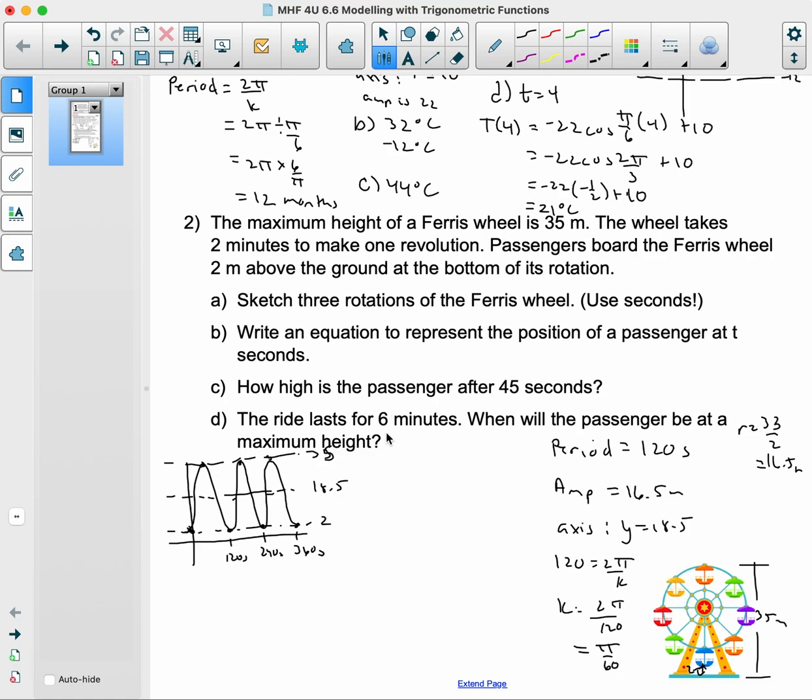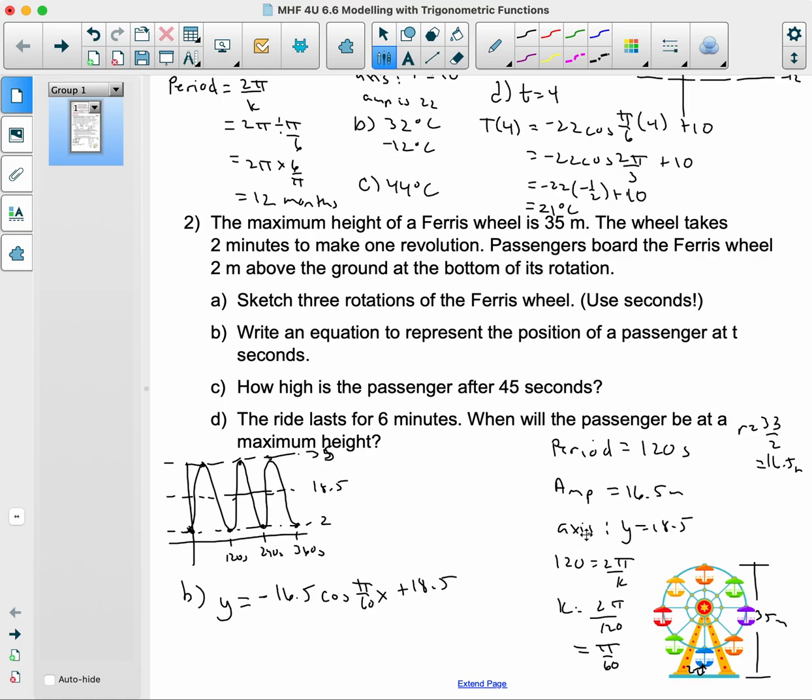Okay, and then that's going to go into your equation when you write it. So y equals negative, because we're starting at the bottom, 16.5 cos pi by 60 x plus 18.5. Okay, so that's your equation.